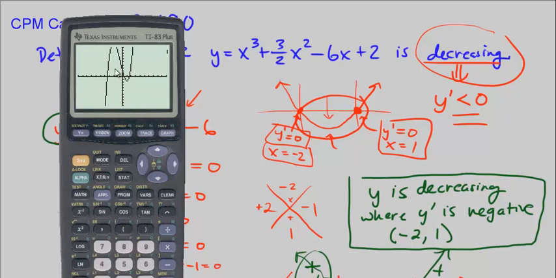Okay. So I can see here it's decreasing. So it's increasing until this value, right? And then decreasing and then increasing again. So let me change my window to change the y value to go from, I don't know, -5 to 15. Okay, so there I can see where it's decreasing.